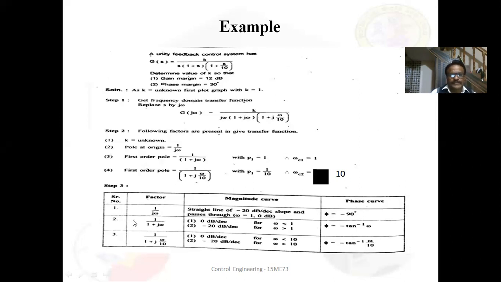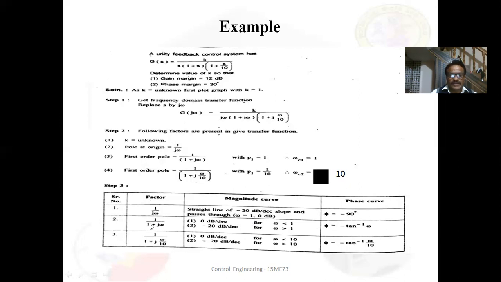Tabulate this. Consider the factor 1 by j omega. What is the magnitude curve? It is a straight line of minus 20 dB per decade slope and passes through omega equal to 1 at 0 dB. Then the phase angle, as we know, is minus 90 degrees.